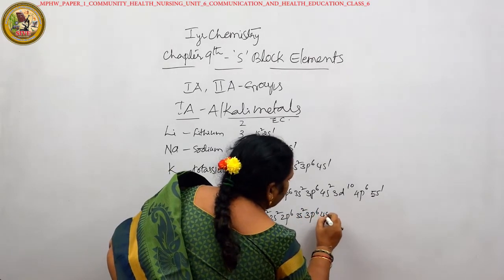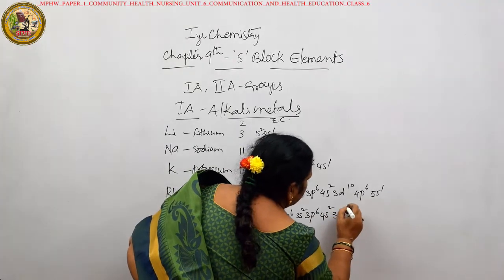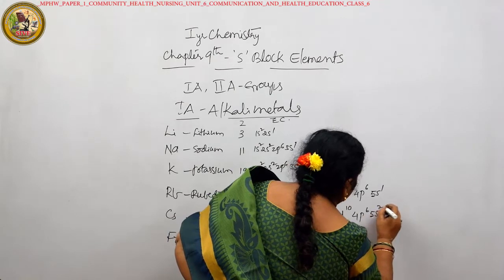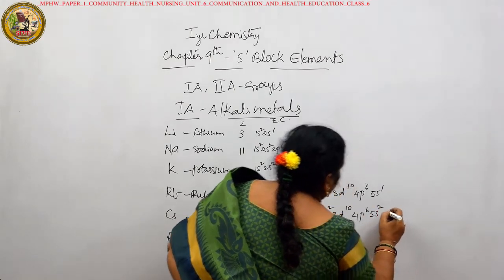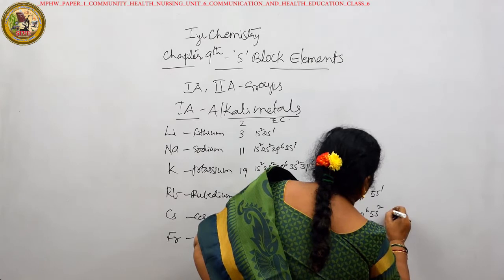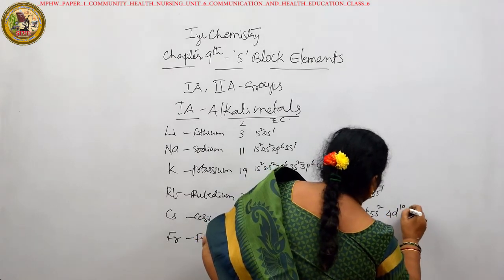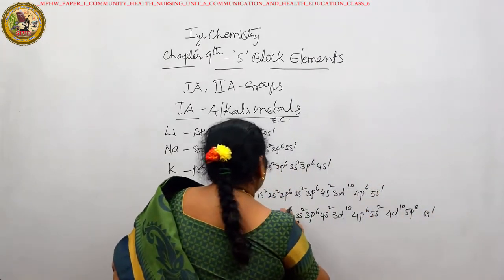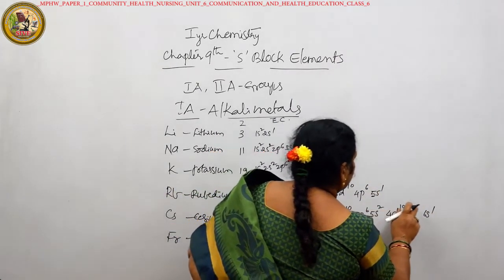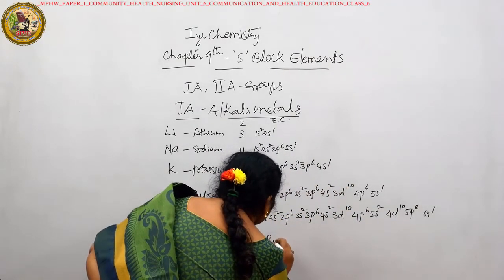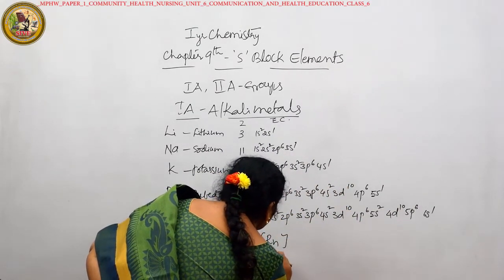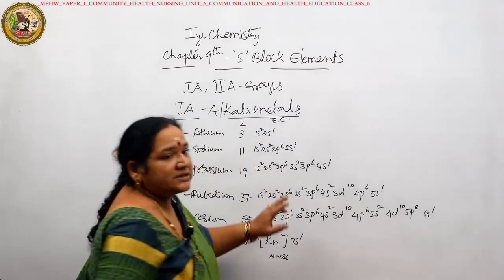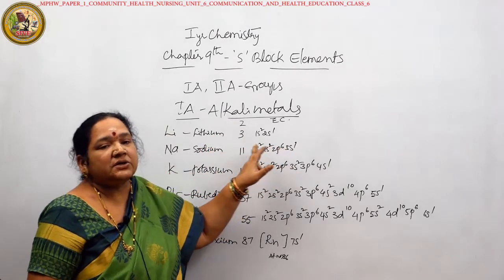Now I am writing the electronic configuration showing that the differentiating electron enters into the S orbital. See students, this is the outer electronic configuration of these elements.